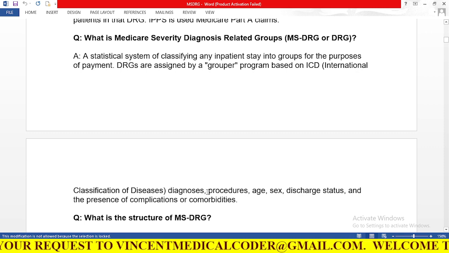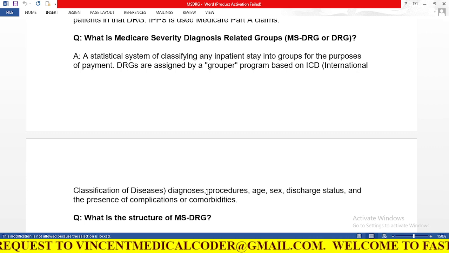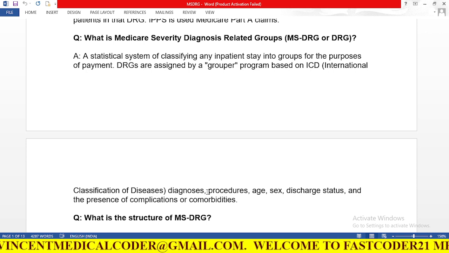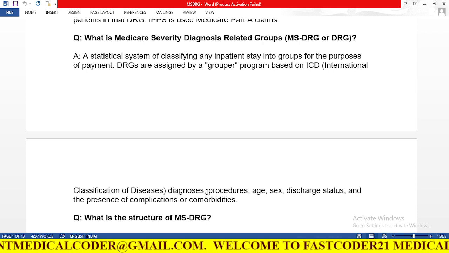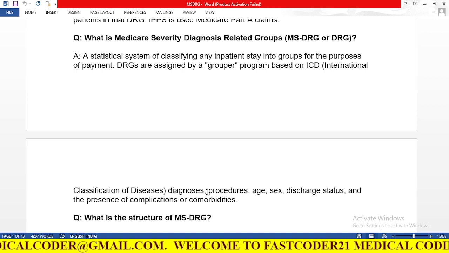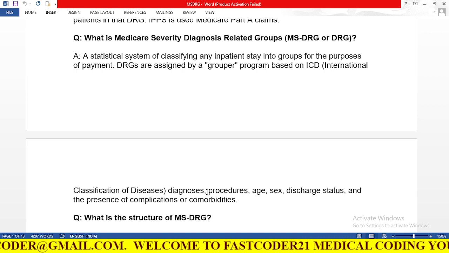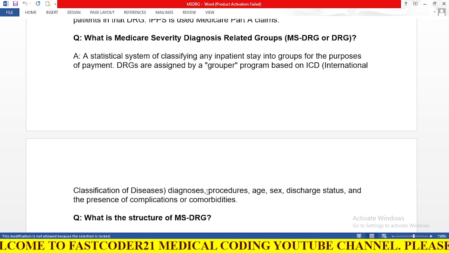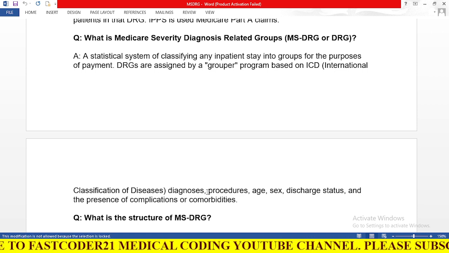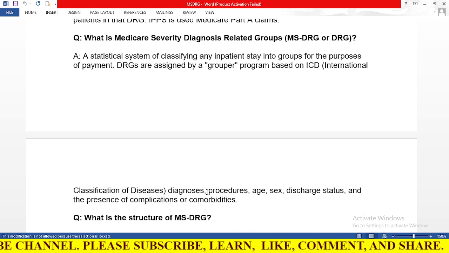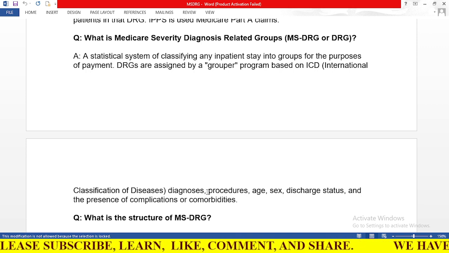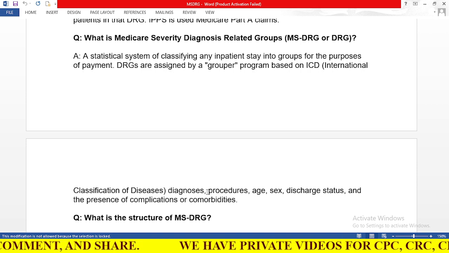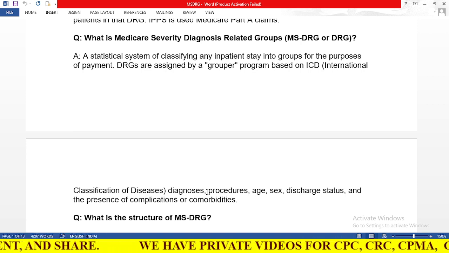Next one, what is Medicare Severity Diagnosis Related Groups? Basically, MSDRG is a statistical system of classifying any inpatient stay into groups for the purpose of payment.